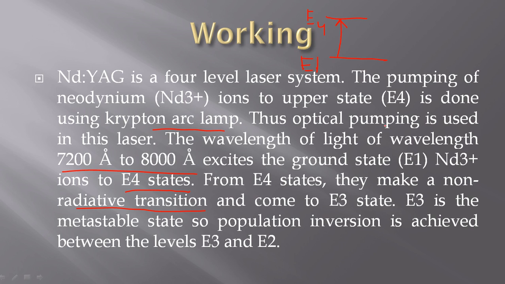Then there is a non-radiative transition from E4 to E3, and population inversion is achieved between levels E3 and E2.